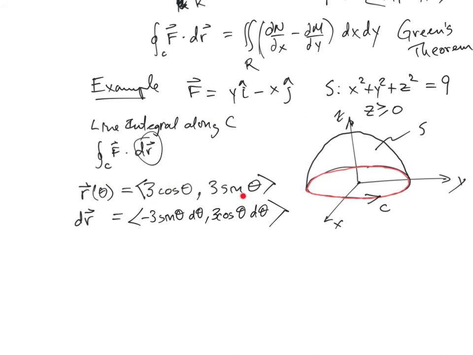This y becomes 3 sine theta. That's what f does along the curve C. Of course, not on C, somewhere else, x and y do something different. But along the curve C, this position vector tells us x is equal to this and y is equal to that. So we substitute these values into f because we only care what f does along the curve when we're calculating this vector line integral.